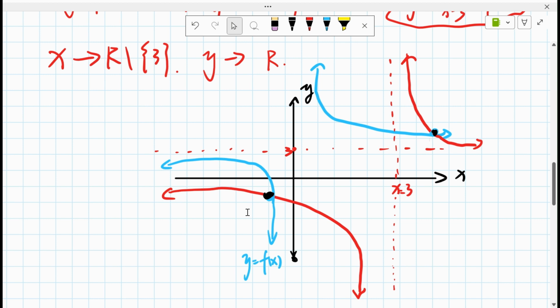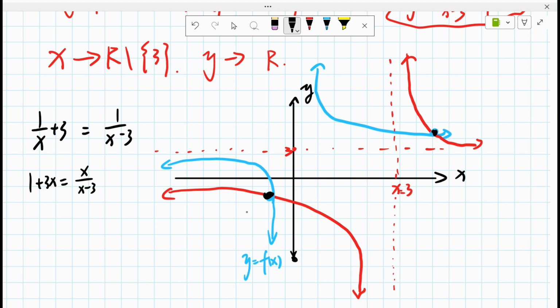We can use the CAS calculator, or if not, we can do it by hand: 1 over x plus 3 equals 1 over x minus 3. Multiply both sides by x, then 1 plus 3x equals x over x minus 3.